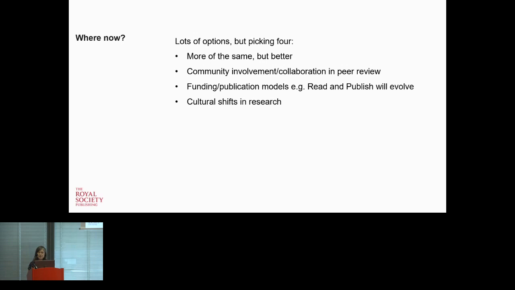In eLife's model, there is a consensus peer review, which is generated by editors and reviewers working together. This is then communicated to the authors so they can respond to that. Other models of open peer review include those provided by the Peer Community In, or PCI, service. This is where preprints are recommended by and reviewed by editors and reviewers in the open.